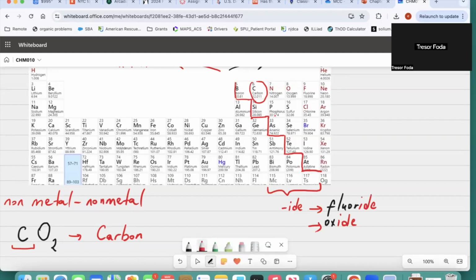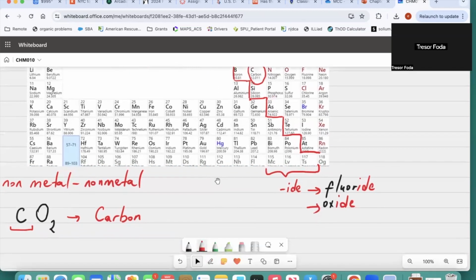If it's phosphorus, it becomes phosphide, sulfur, sulfide, etc. So if I come back here, now I cannot just call this carbon, oxygen. Because they reacted, they form a new compound, and it's going to have a new name, so it will become carbon oxide.